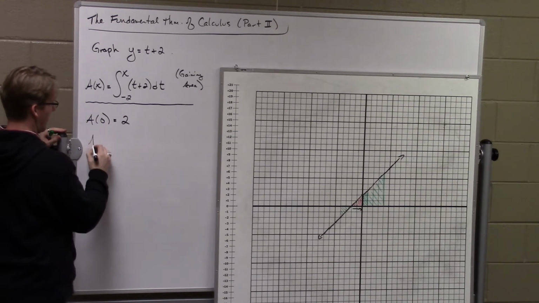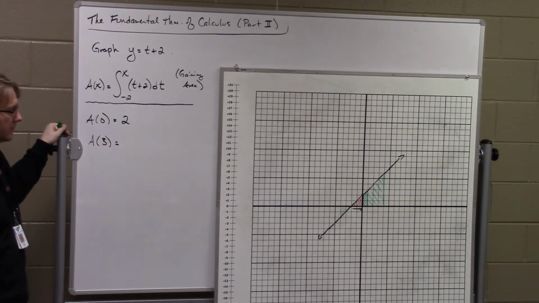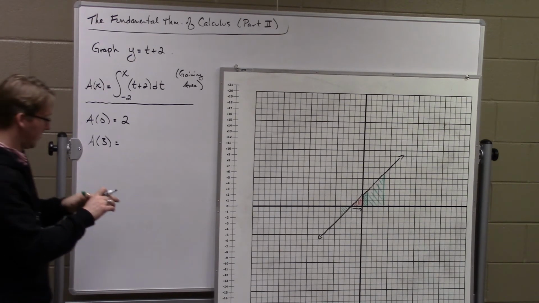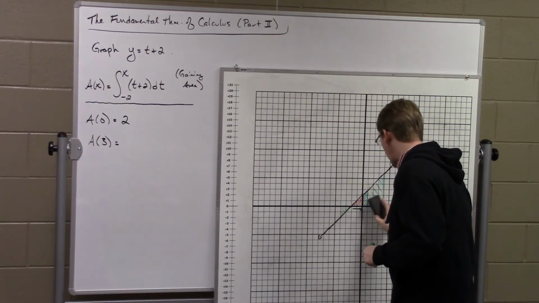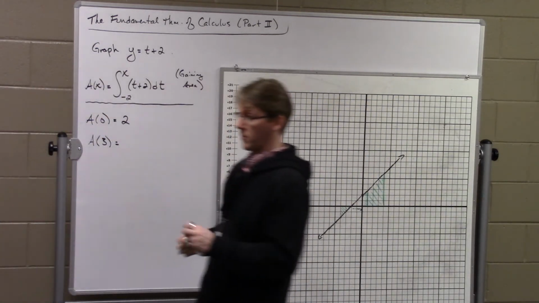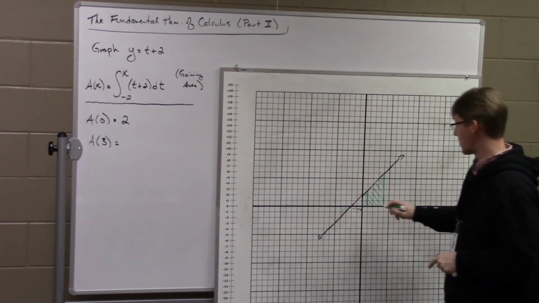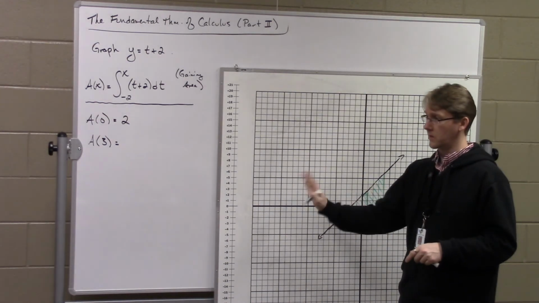All right, what would A of 3 be for this one? You can do the math, by the way. I think this is bothering some people. There's no such thing as negative area in this problem if we start at -2, because all this stuff that would be going left, we'd be losing negative area.